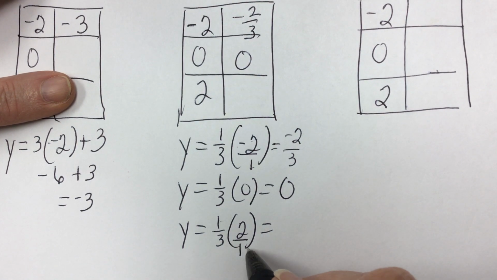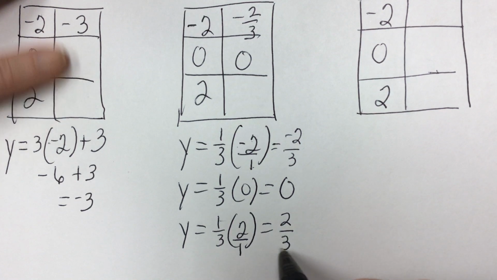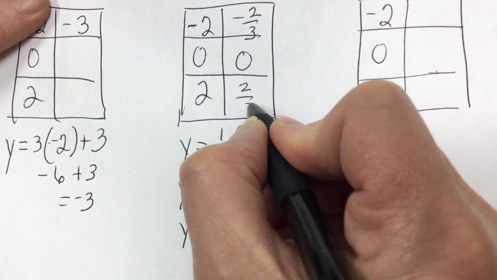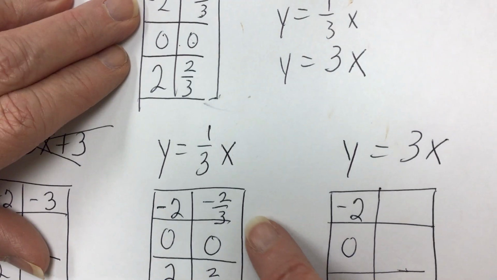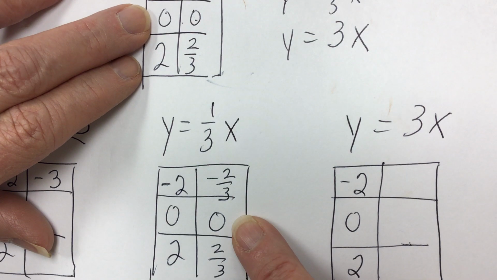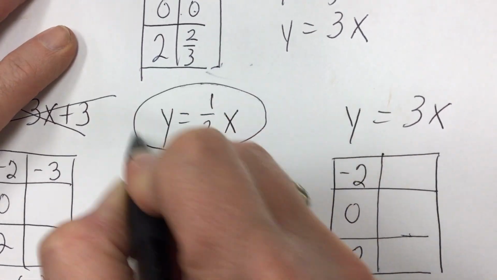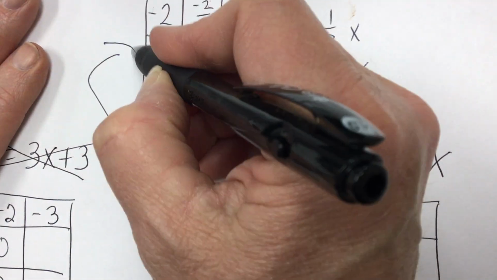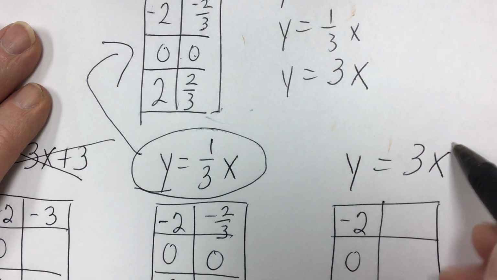If you multiply straight across, 1 times 2 is 2, 3 times 1 is 3. So I get 2/3. So do all three of these points pair up? Negative 2, negative 2/3, 0, 0, 2, positive 2/3. Yes. So this is the equation that matches this table of values. No need to even try this one.